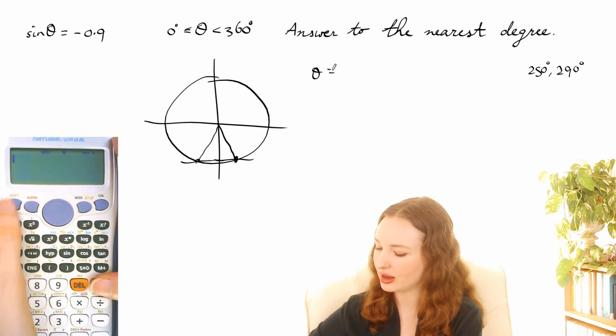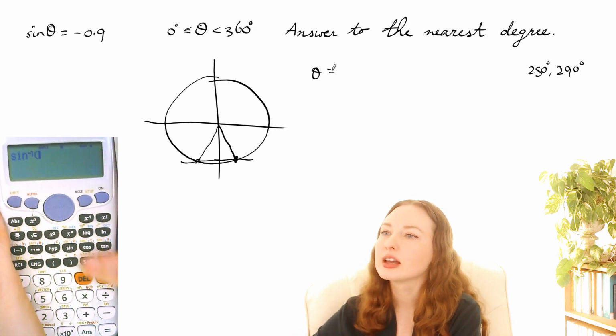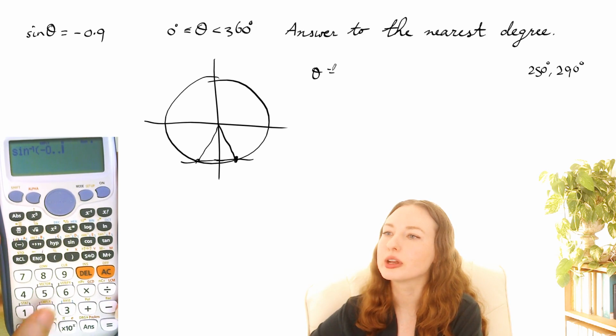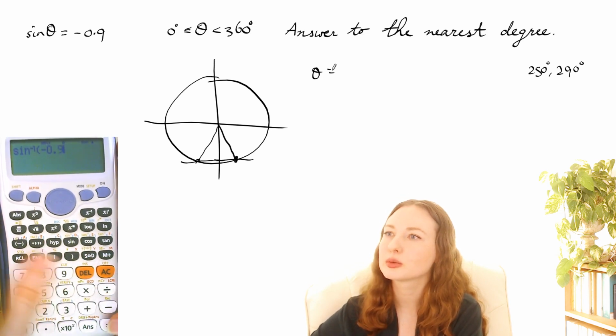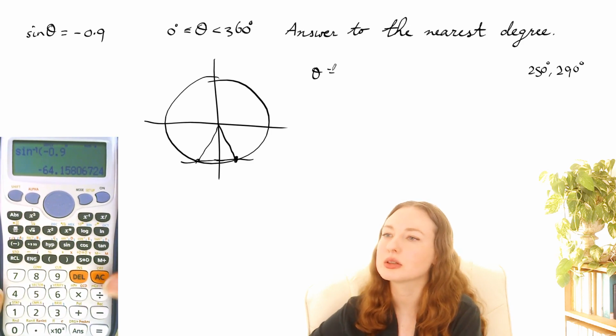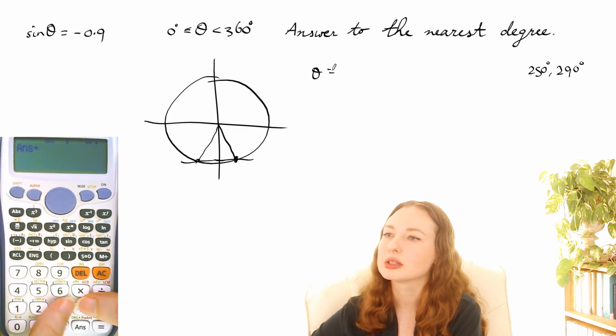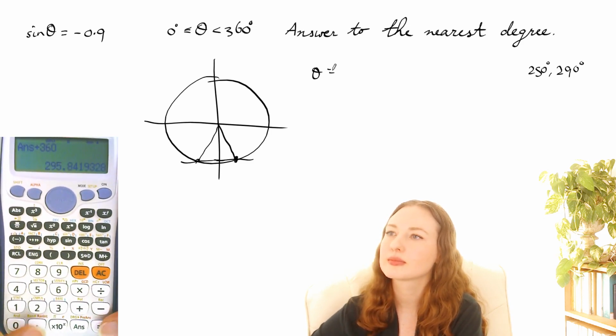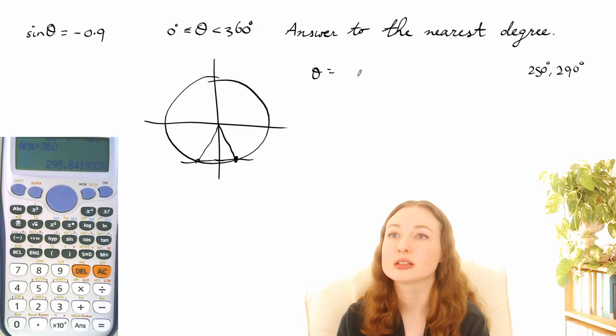Now let's try arcsine of negative 0.9. That makes negative 64. Now that's not in the range we want, so maybe we can add 360 to that. So 296 is one of the solutions.